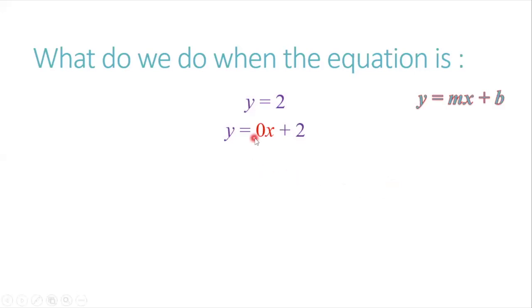And because we know 0 times anything is still going to give me 0, that makes this statement true. If I had to simplify this line, we would eliminate the x, because 0 times x gives me 0, and 0 plus 2 is still 2.